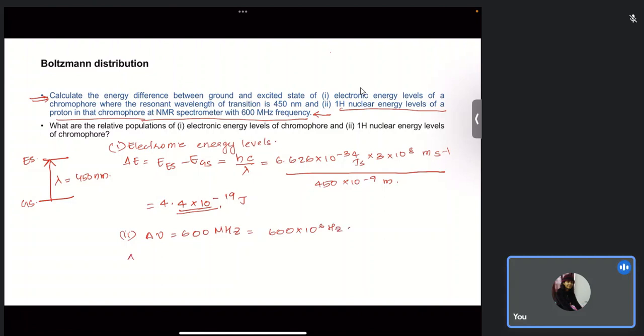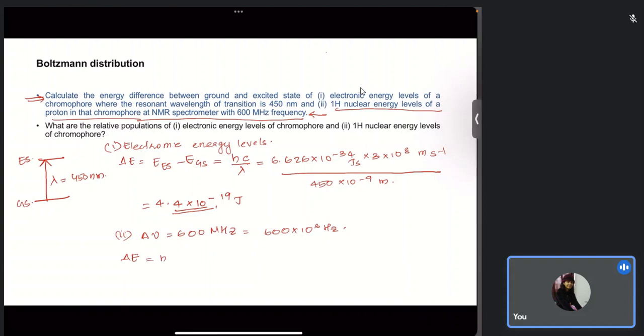So the energy gap, delta E, can be calculated as h delta nu.